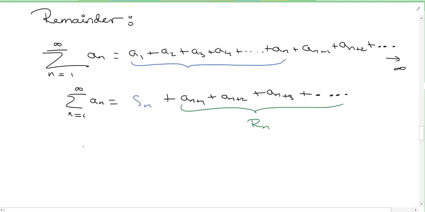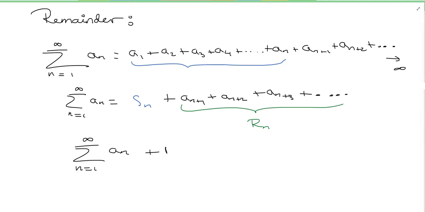So that means we can write our entire sum, n equals 1 to infinity of a sub n, equals Sn plus Rn.